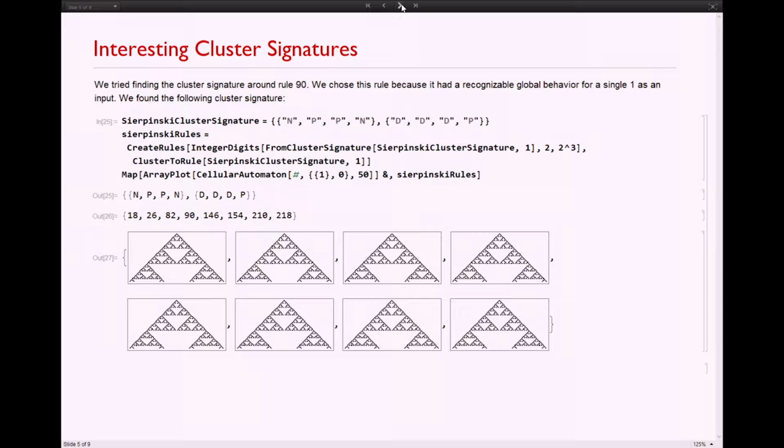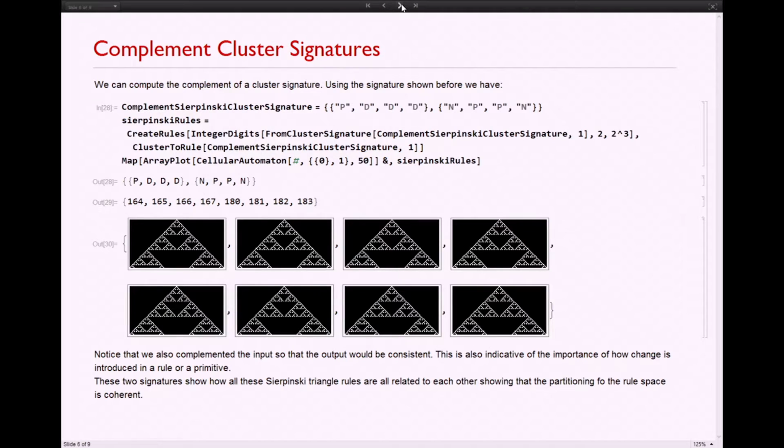Every time you run NPPN DDDP, you will always get those exact Sierpinski's triangles every single time. There are 3 Ds, 3 dynamic bit positions, so that's 2 to the 3 different rules that it could create, because the bits flip and it doesn't matter. Then we can take the complement of that and get all of the opposites.